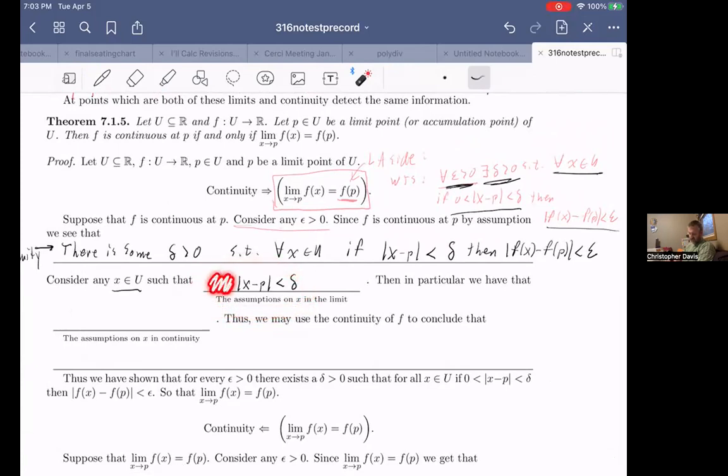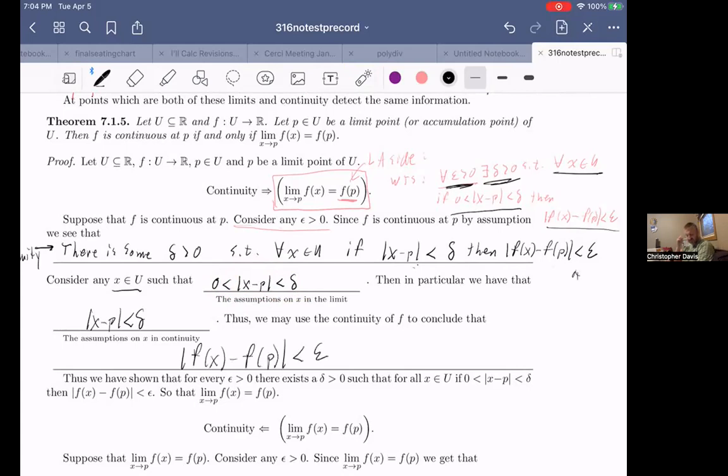I definitely also know that. So in particular, we have absolute value of x minus p is less than delta. But look at this if then. Since the absolute value of x minus p is less than delta, then absolute value of f of x minus f of p is less than epsilon. Thus, we may use the continuity of f, this line, to conclude absolute value of f of x minus f of p is less than epsilon.